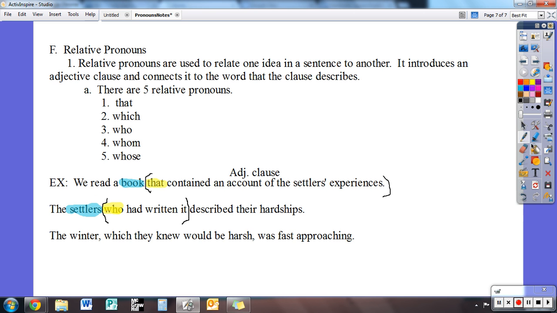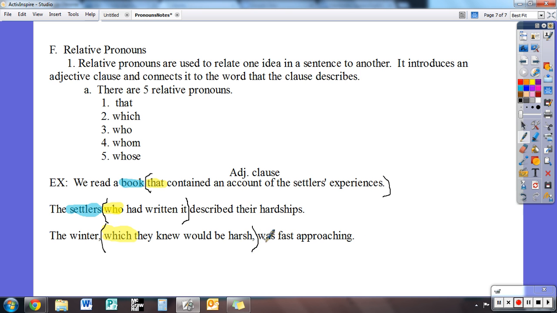Now for the last one, let's take a look here. The winter, which they knew would be harsh, was fast approaching. Okay, let's take a look at our list: 1, 2, 3, 4, 5. I see the word which. And this one's actually already set off by commas. The winter, which they knew would be harsh, so that's describing the winter, was fast approaching.